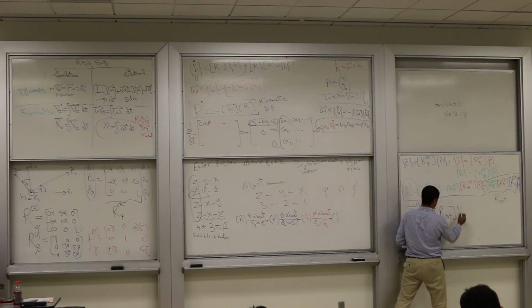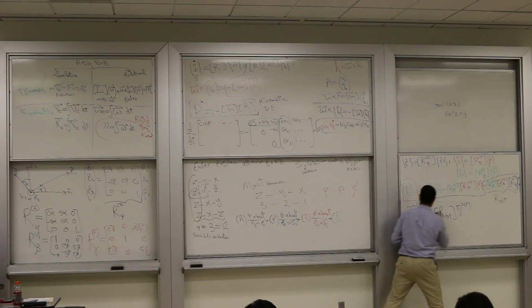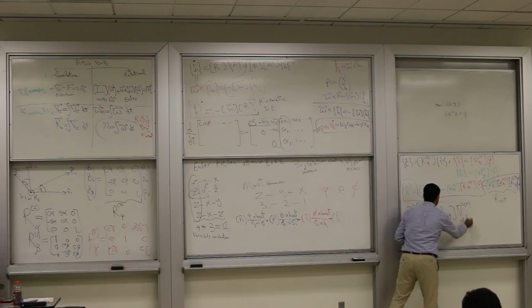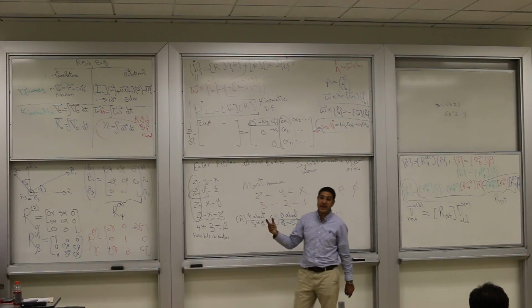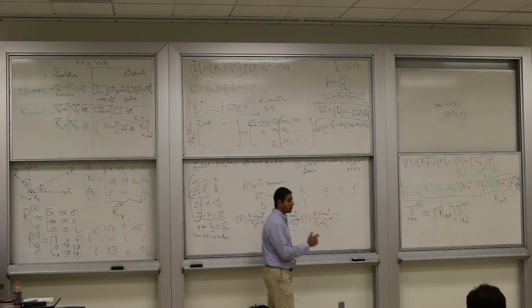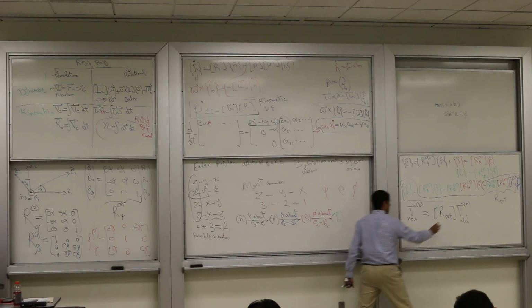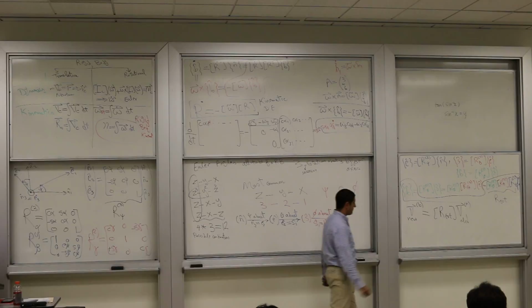It's always like this. The new is always equal to the rotation matrix multiplying the old. It applies to frames and applies to vectors directly, components. Here I mean the components, V1, V2, V3, of the inertial vector.